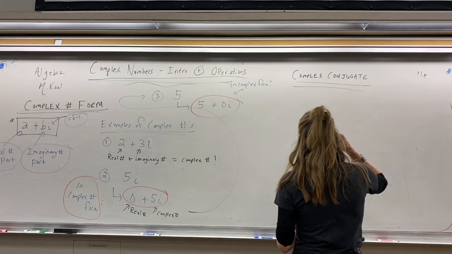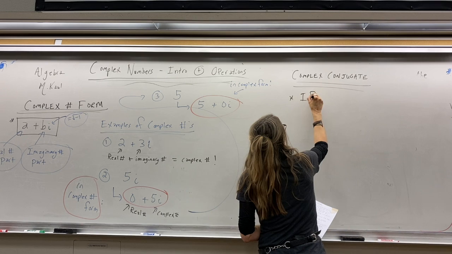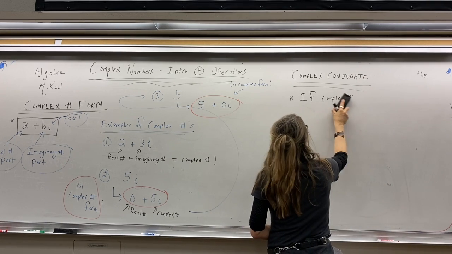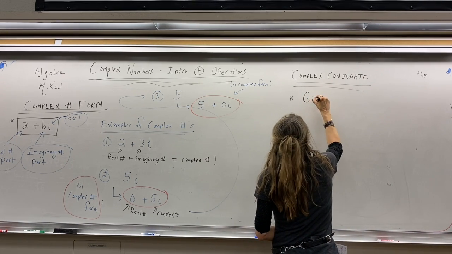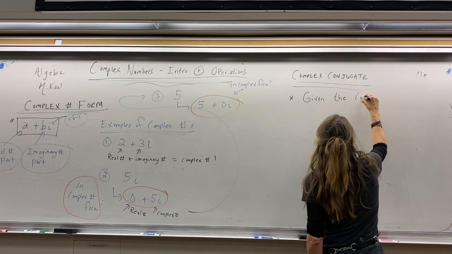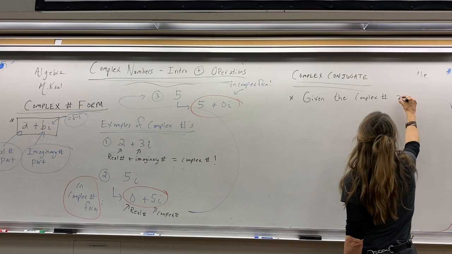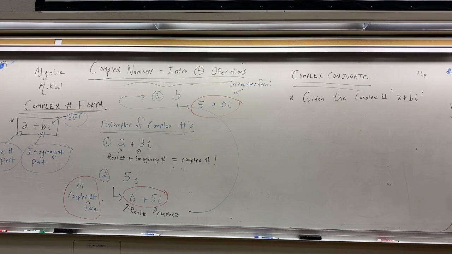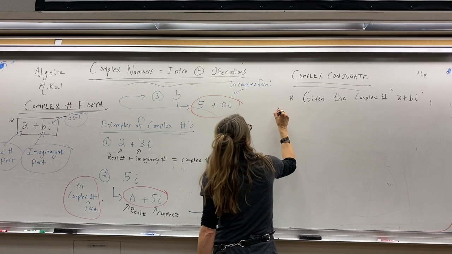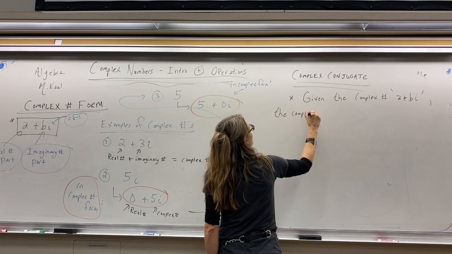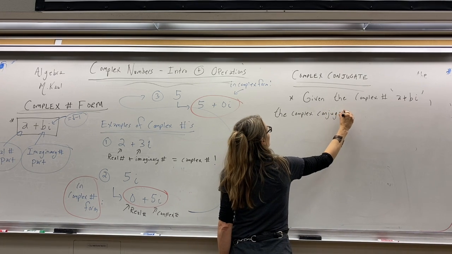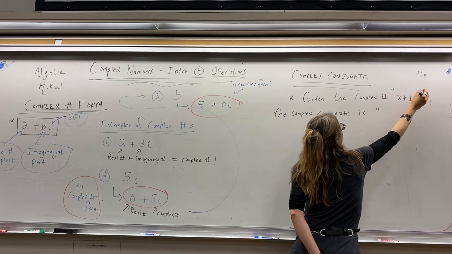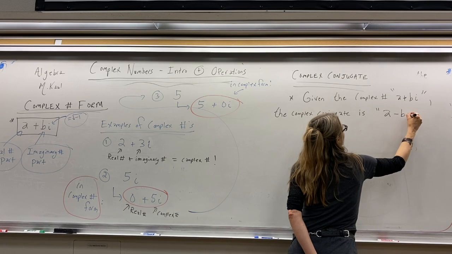So the complex conjugate: given any complex number a plus bi, the complex conjugate is a minus bi.